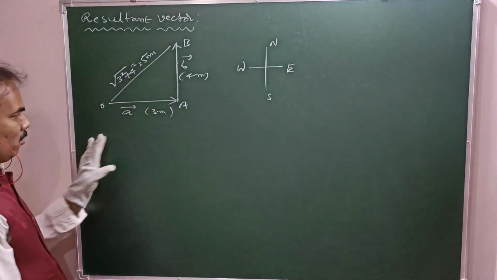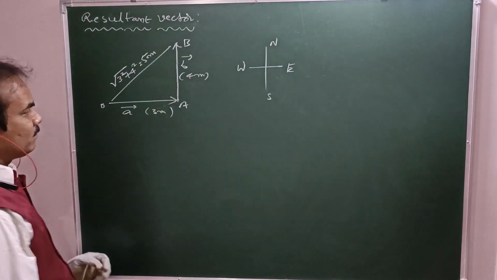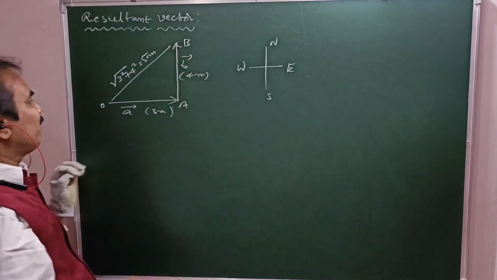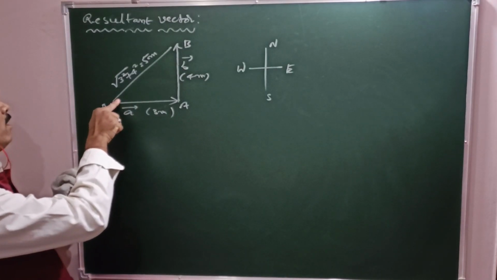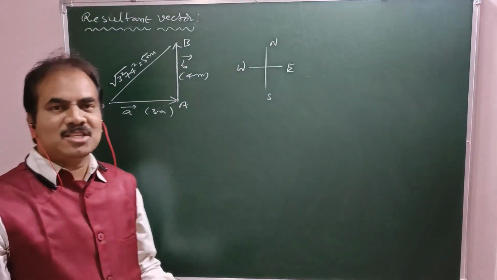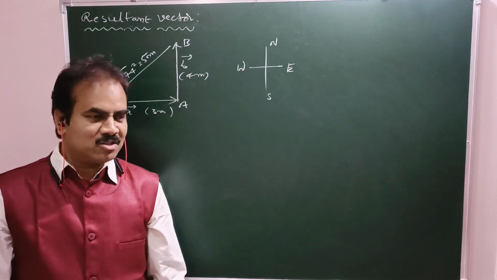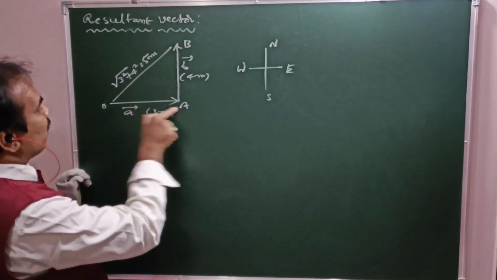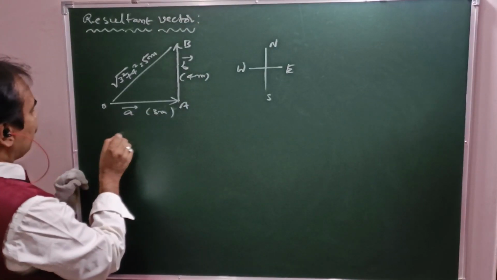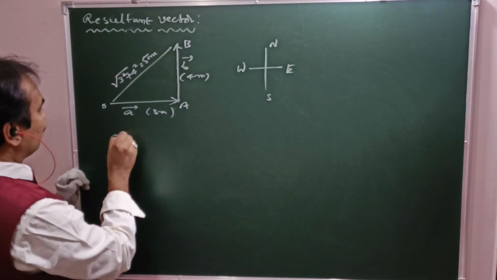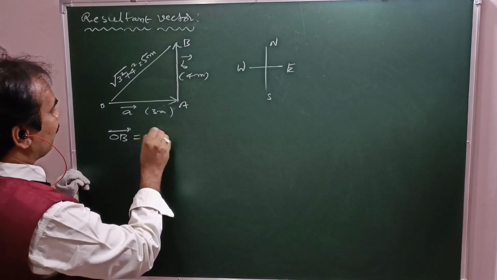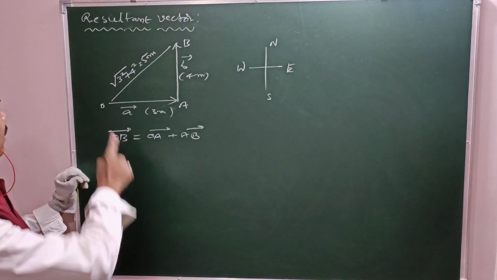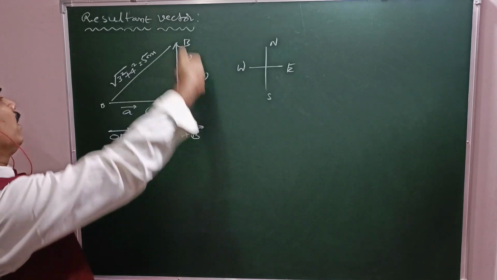Now, what I am saying means, instead of following path O to A and again from A to B, if the particle follows the direct path from O to B, then also it can reach the ultimate final position B. That means to say that vector OB bar is equal to vector OA bar plus vector AB bar.